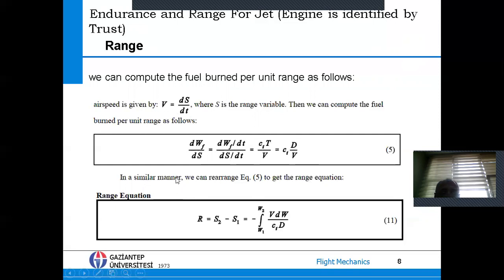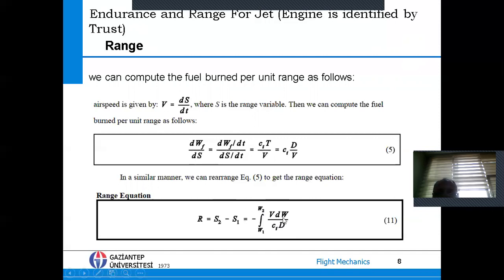So in a similar manner, we can rearrange equation 5 to get the range equation. So the range equation between two points equals integration between the weight at the start and the weight at the end, of V over CT into dW over D. Okay, so of course from this point here, ds.